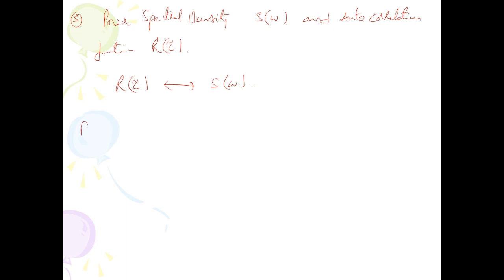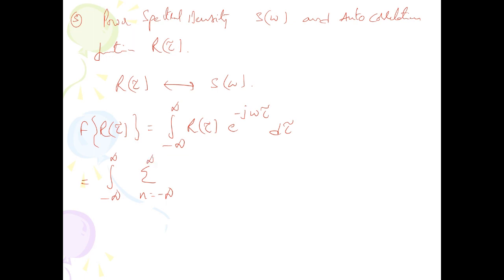So taking the Fourier transform of R of tau is equal to integral minus infinity to plus infinity R of tau e power minus j omega tau d tau. Substituting this R of tau value, integral minus infinity to plus infinity, summation n is equal to minus infinity to plus infinity mod f_n square e power j n omega naught tau into e power minus j omega tau d tau.